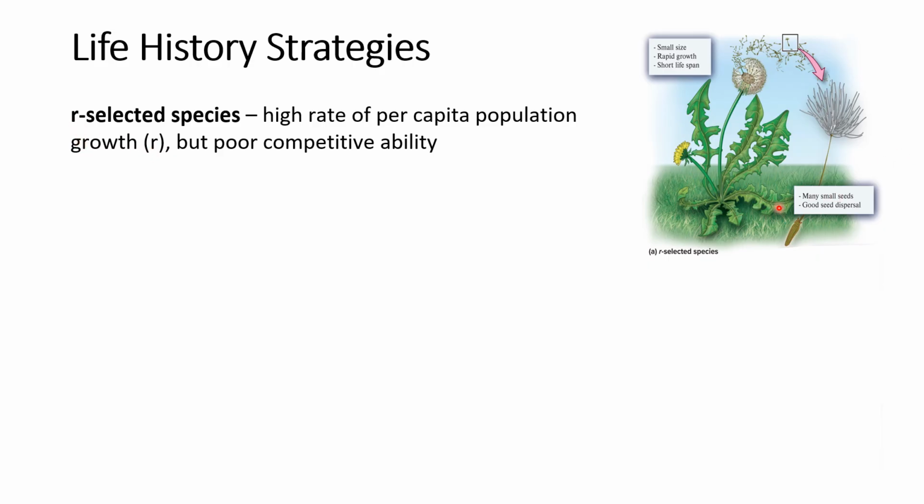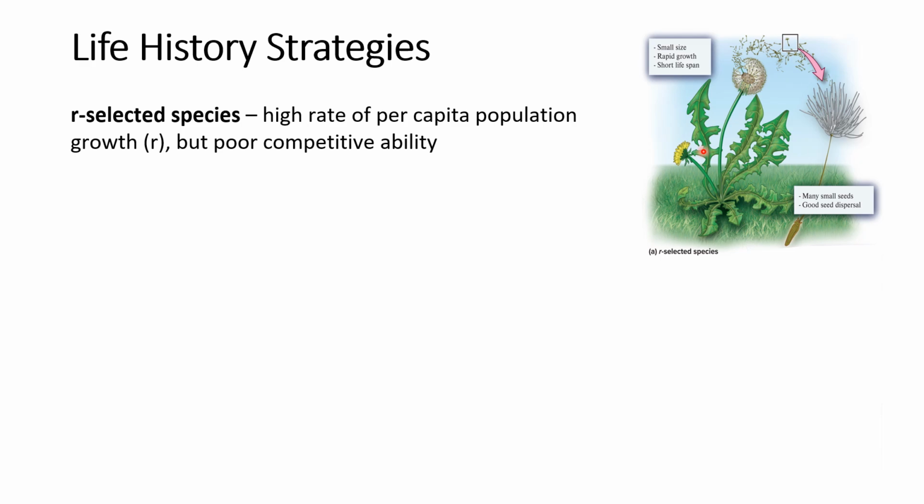Okay, so in an example in plants, weeds are a great example. We look at the dandelion weed here. Lots of small seeds, they disperse very easily, they tend to be small, they grow fast, and they don't live very long. So r-selected species, basically their strategy is to just reproduce as quickly as they can.